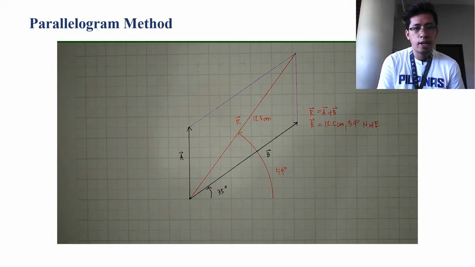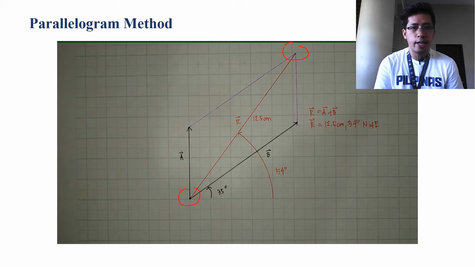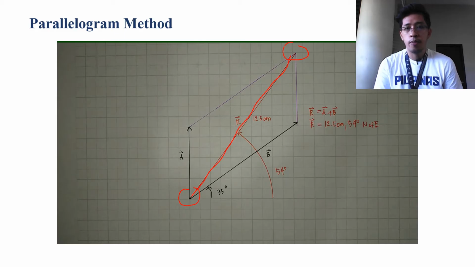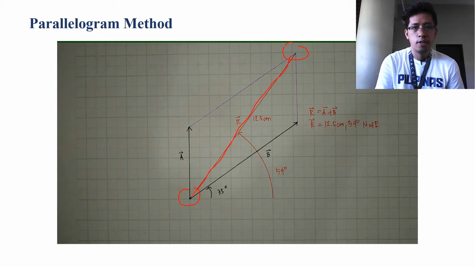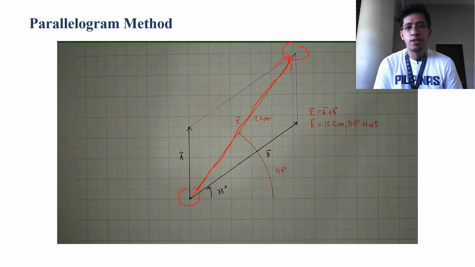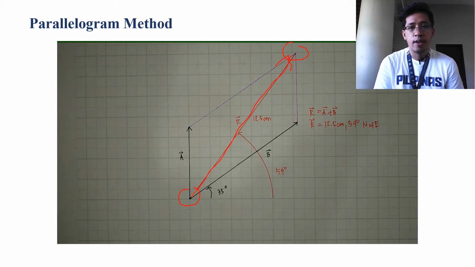It's measured from here towards this point here. This diagonal line here is your resultant vector. As you have observed, by the head-to-tail method and then the parallelogram method, we have obtained the same values of 12.5 centimeters and 54 degrees north of east.